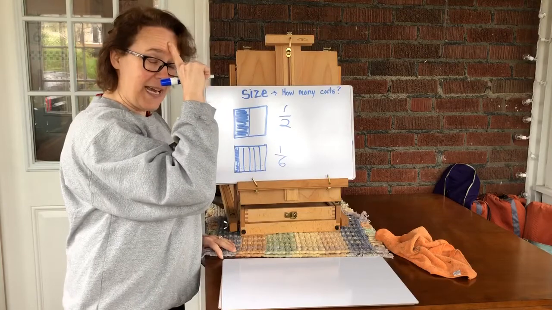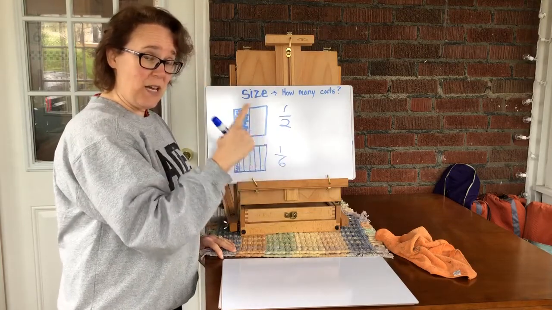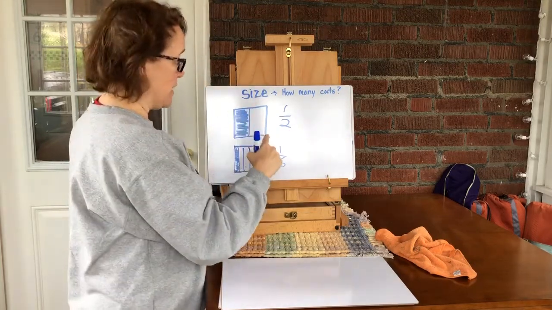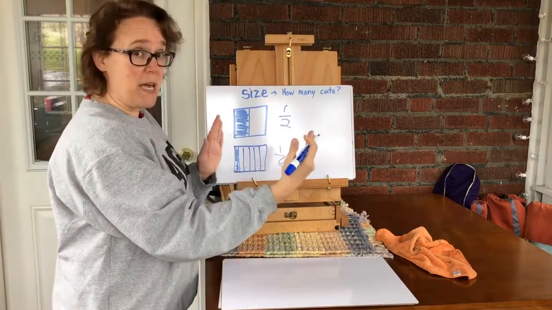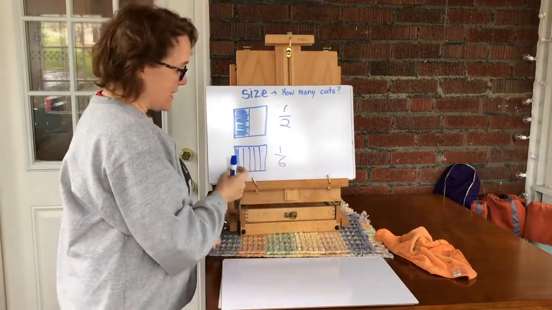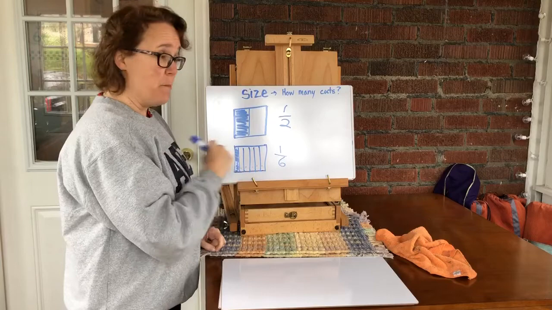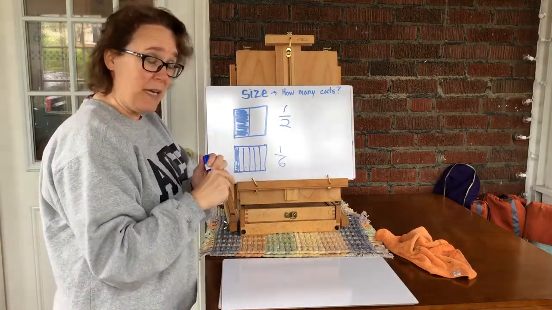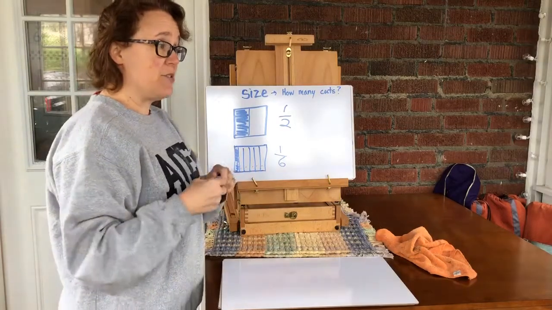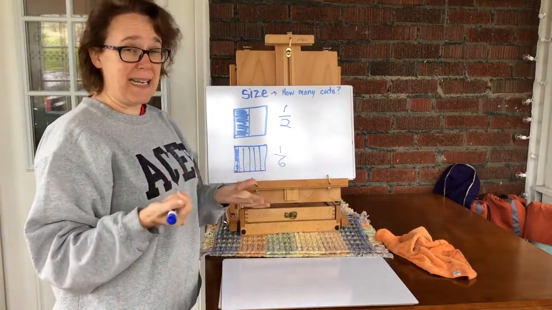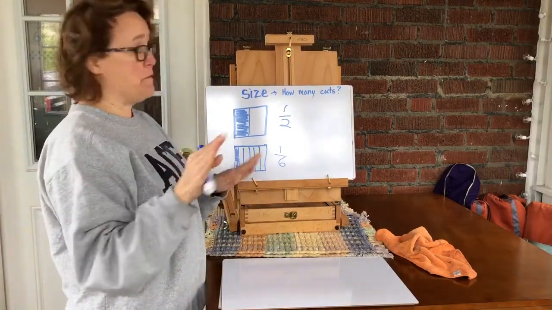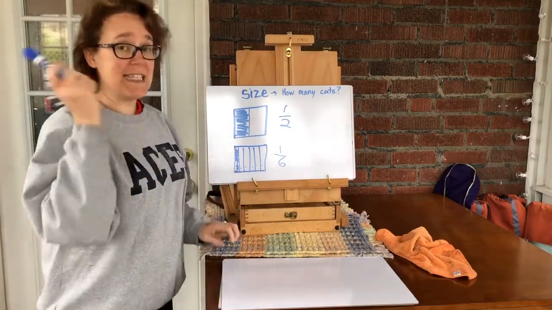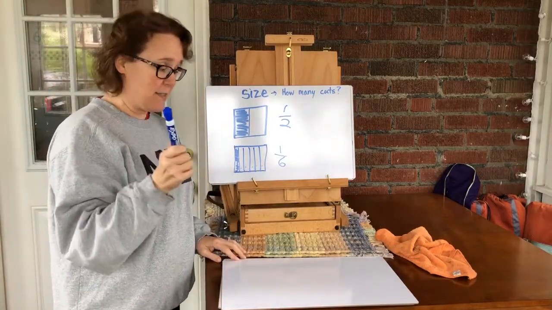Think about how many cuts you had to make in order to make that fraction. 1 half is a big piece. 1 sixth is smaller. And the more times I cut that cake, the tinier the piece of cake is going to be. I think sometimes teachers say, well, which piece would you want? And then kids go, what flavor cake? The flavor of cake doesn't matter. It's the number of cuts.